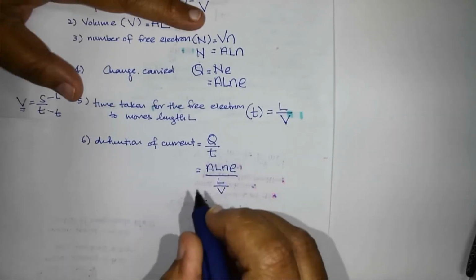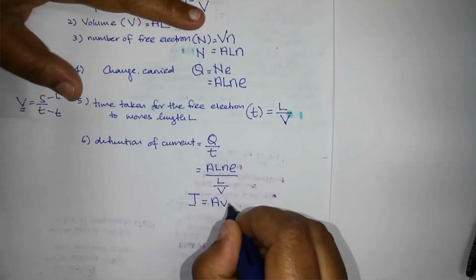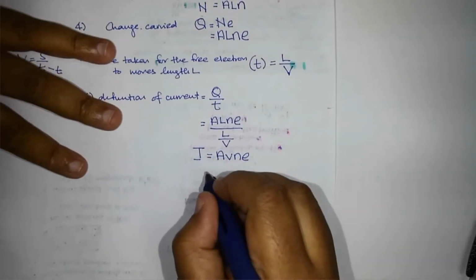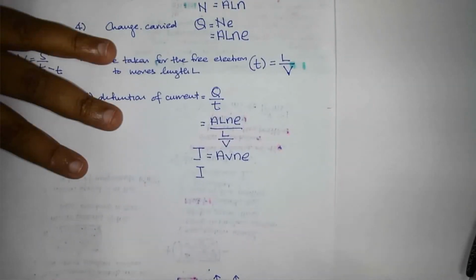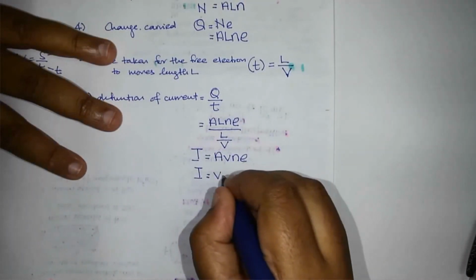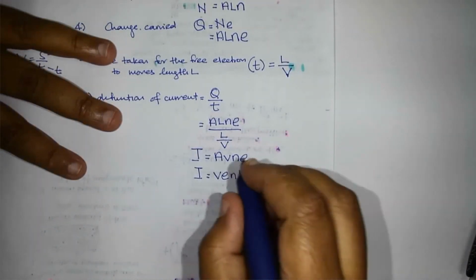So we get the formula I equals A v n e, which I always rearrange to become I equals v e n A, venA.